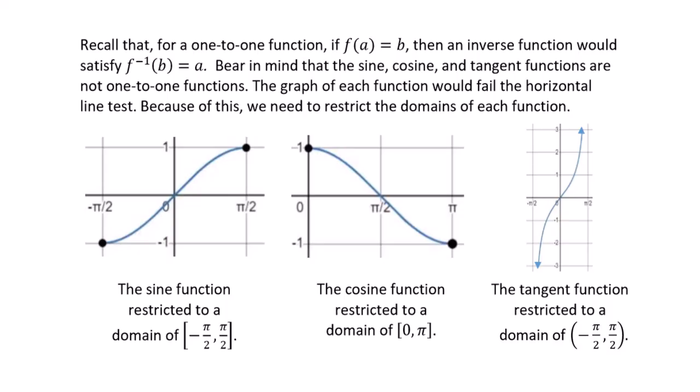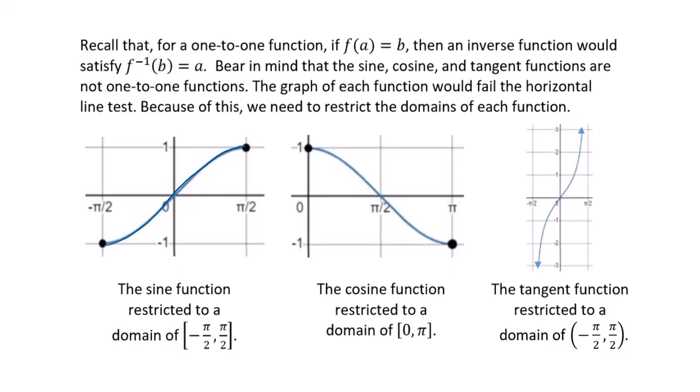Because of this, we need to restrict the domains of each function. We restrict the sine function to a domain of negative pi over 2 to pi over 2. This will help us to include all of the values in the range of that sine function.